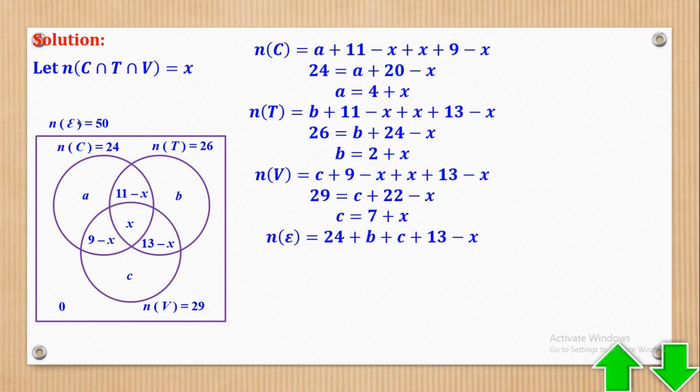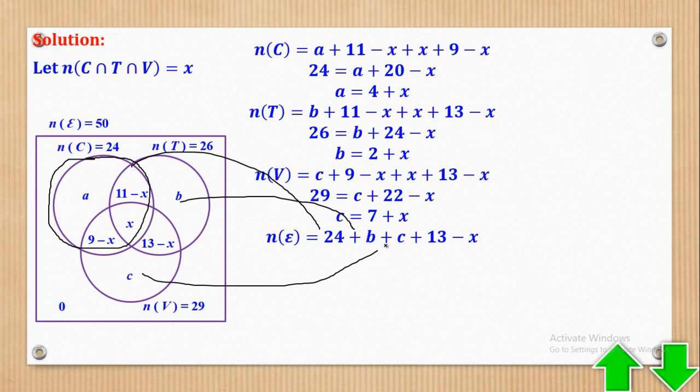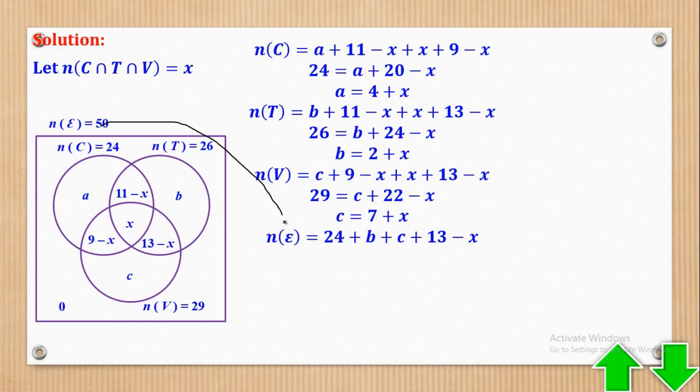Now next is to add up all these values inside this set, the universal set. So when I add up all of them, the whole of this is 24. Then there is this B, there is this C, there is this 13 minus x. This is 0, so even if you don't put it here, that total is equal to 50. So I'll say that 50 is equal to that.